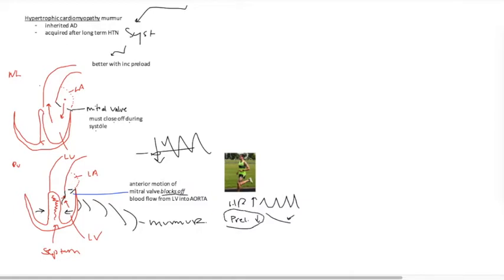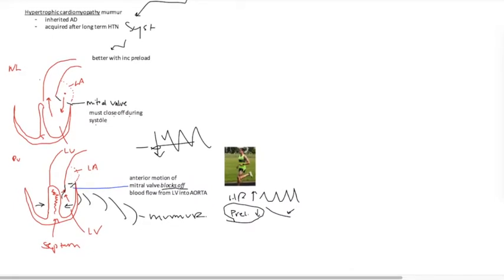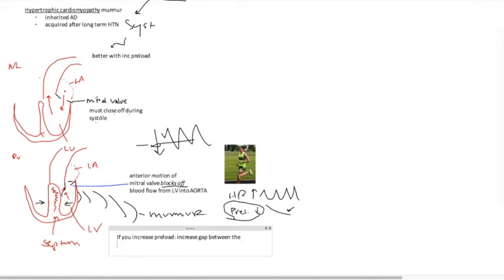And that's why the murmur gets worse with decreased preload. So if you were to increase preload, you increase the gap between the septum and the mitral valve that we were talking about.